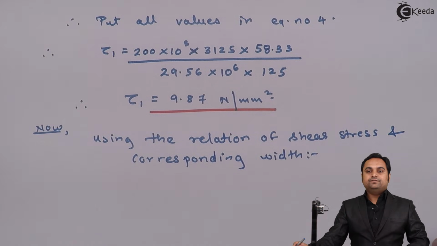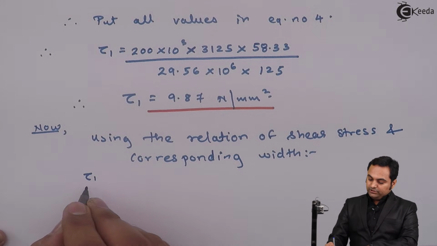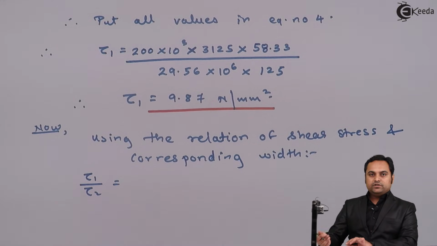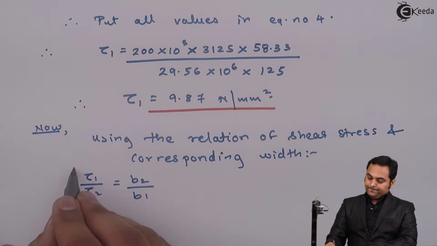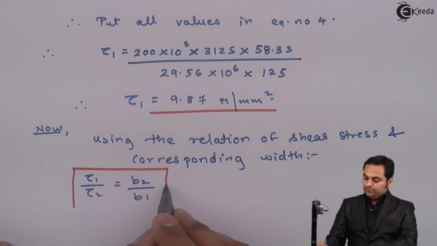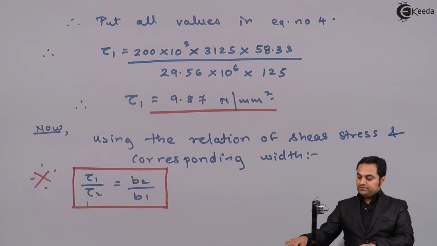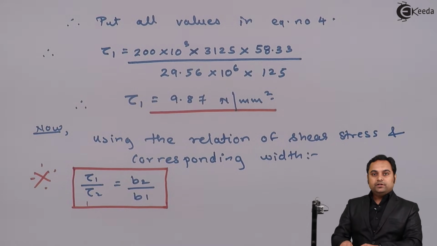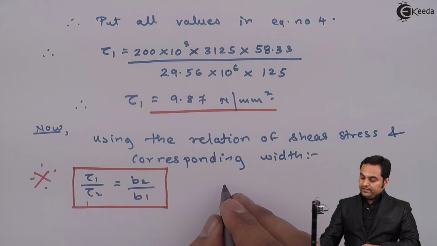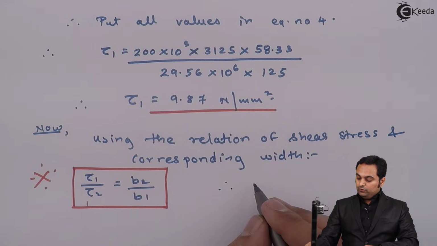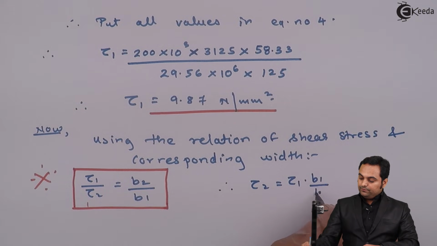Here I am using the relation that tau 1 upon tau 2 is equal to the inverse of the ratio of width, that is b2 by b1. A very important conclusion I am using is that shear stress is inversely proportional to the width, that is, where the width is minimum, shear stress will be maximum. So from this ratio, tau 2 will be tau 1 into b1 upon b2.